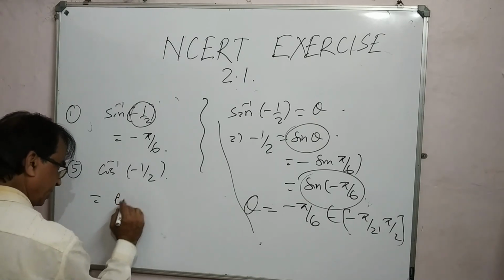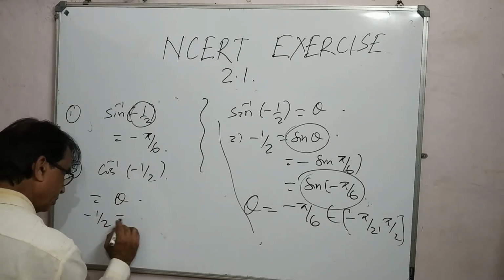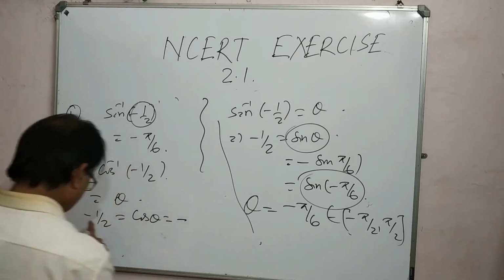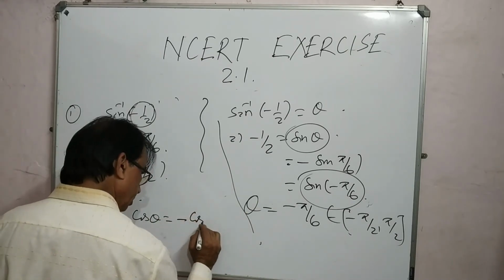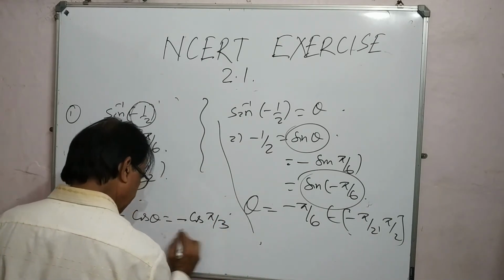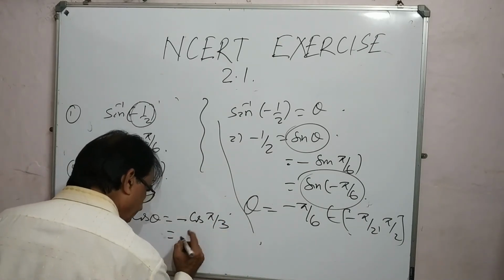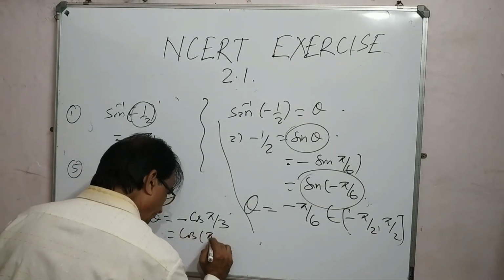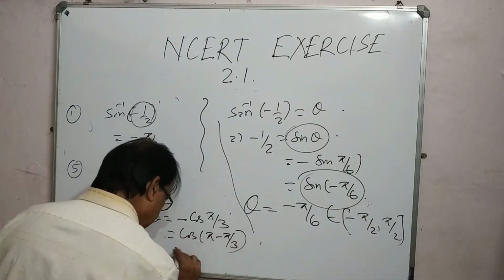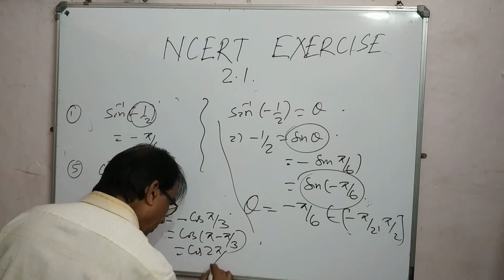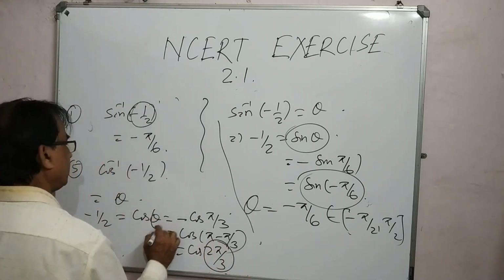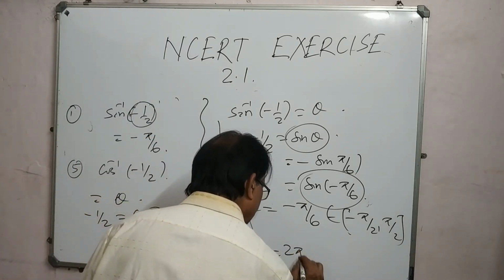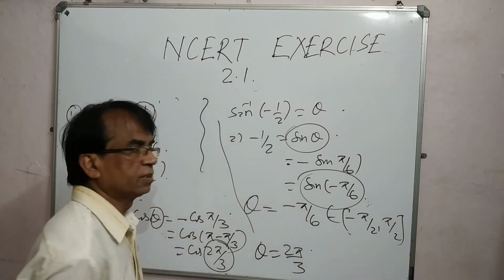Now let it be theta, then minus 1/2 is equal to cos theta, and this is minus cos π/3, and cos is negative in the second quadrant. The second quadrant is in the principal range, that is cos of pi minus π/3, and that is equal to cos 2π/3. So cos theta is equal to cos 2π/3, so theta is equal to 2π/3.